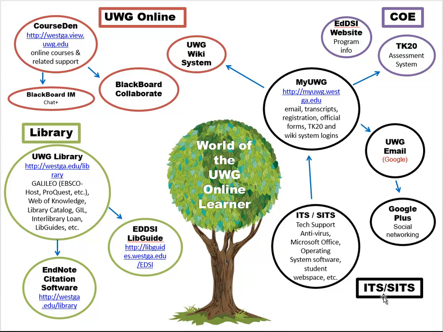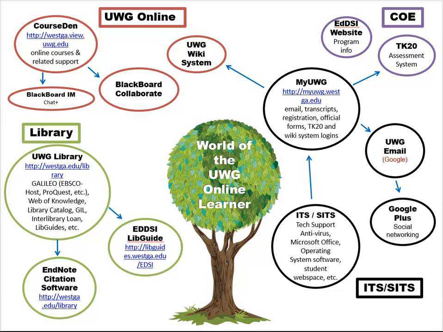But if you call ITS and say, help me with the UWG wiki system, they'll be confused. They might not know what you're talking about. I'm sure they know what wikis are, but they're not responsible for the wiki system. That's actually UWG Online that deals with that. In terms of TK20, even though it's accessed through My UWG, it's the COE that actually manages TK20.